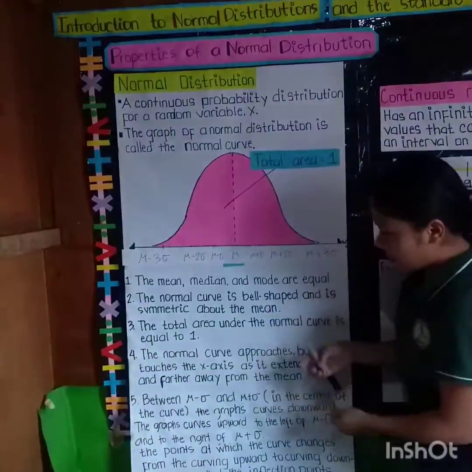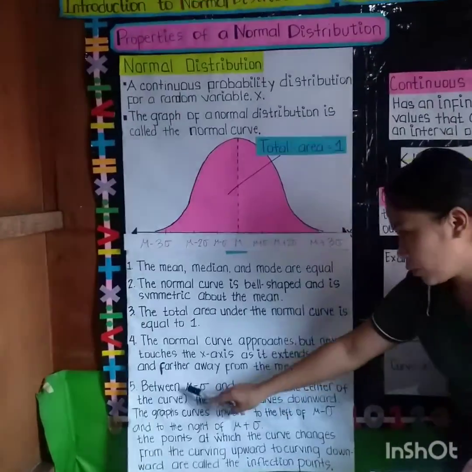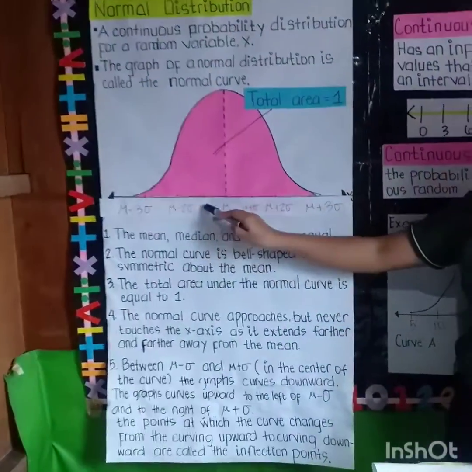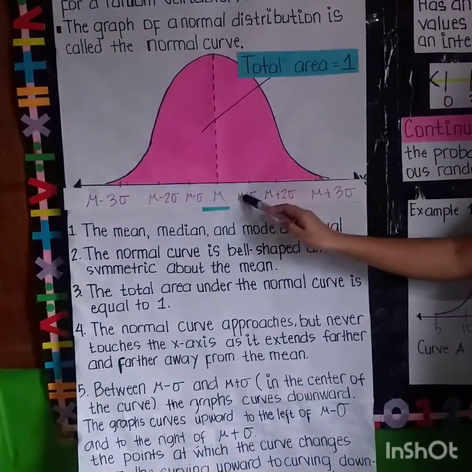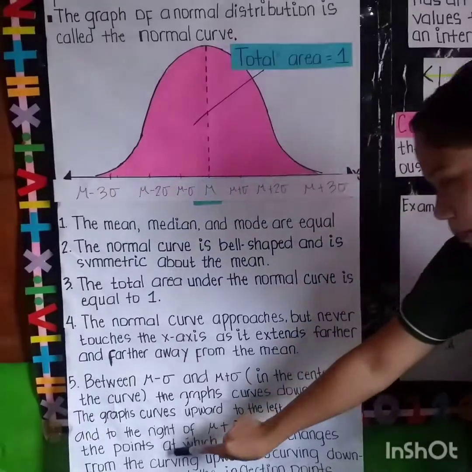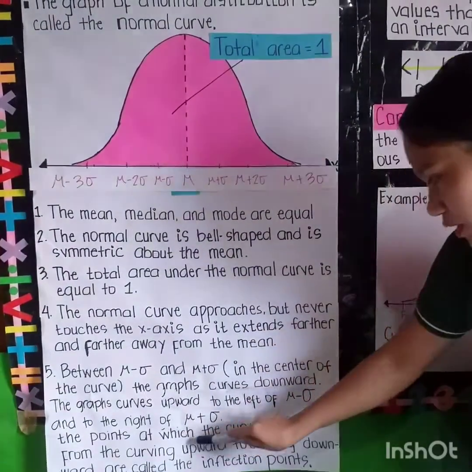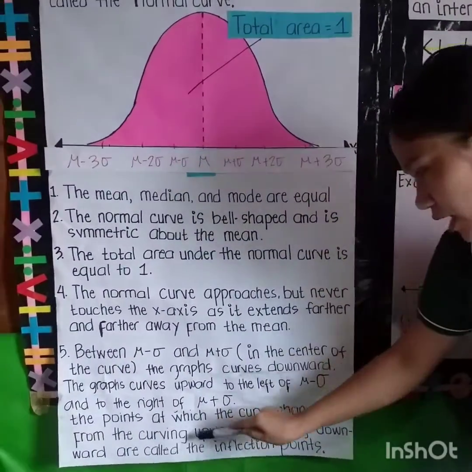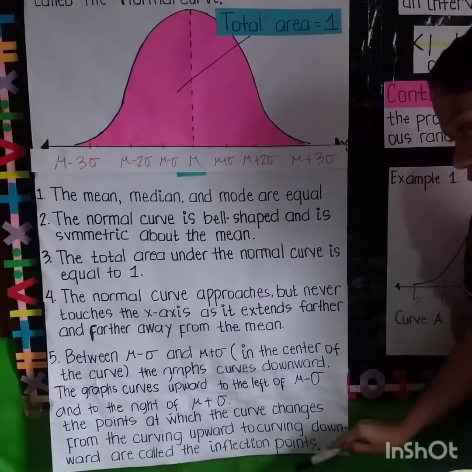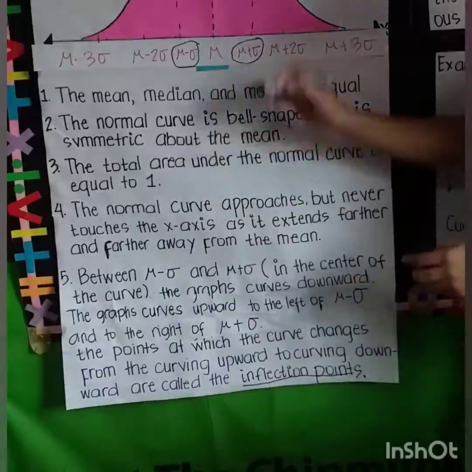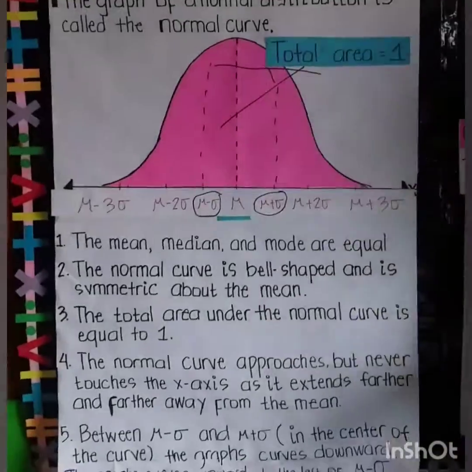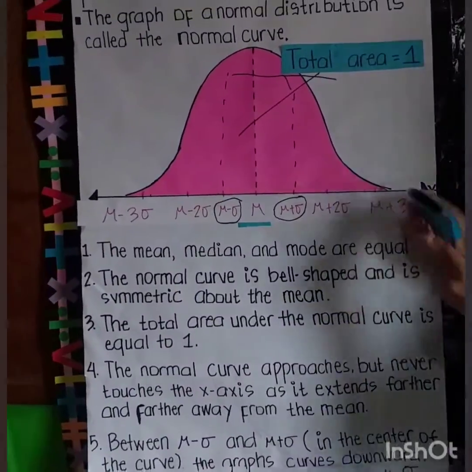The points at which the curve changes from curving upward to curving downward are called the inflection points. So, here, this one is called the inflection points.